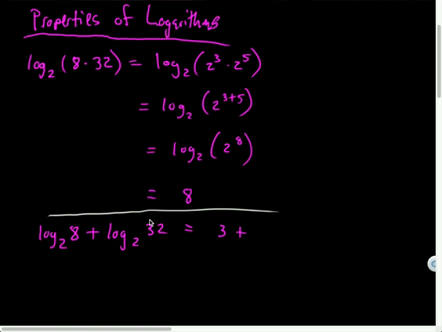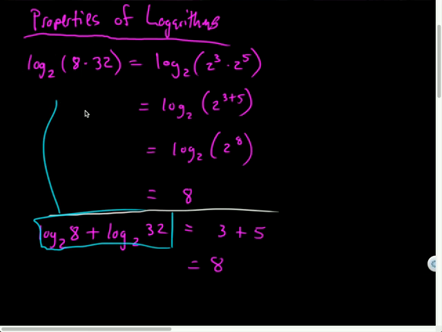And 2 to what power is 32? 5, right? We did that up there. And 3 plus 5 equals 8. So it appears as though there's some relationship between this expression and this expression.